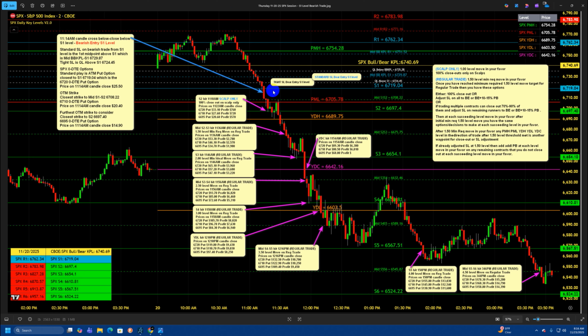Okay, so this is an S1 bearish play here. So again, if you have on the 11:14 a.m. candle, this candle close is within the acceptable range for this, and again, you can go back and look at that video on acceptable and unacceptable range. For the BBKPL level, however, the acceptable and unacceptable range also applies to trades off of any of the other levels as well.